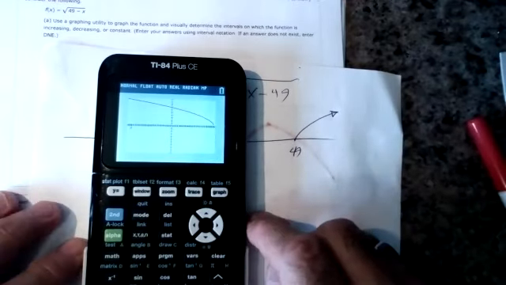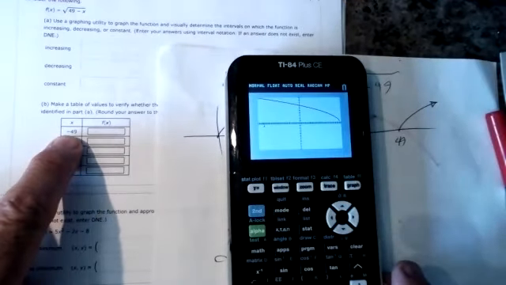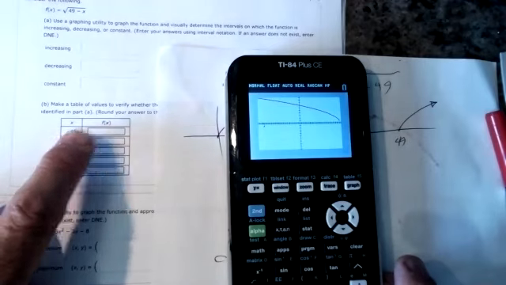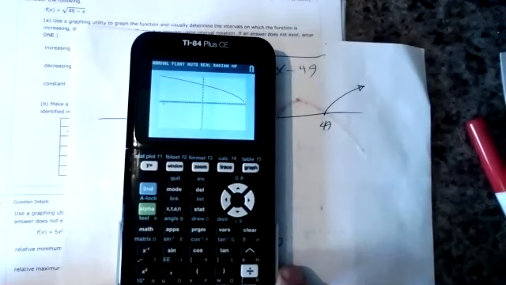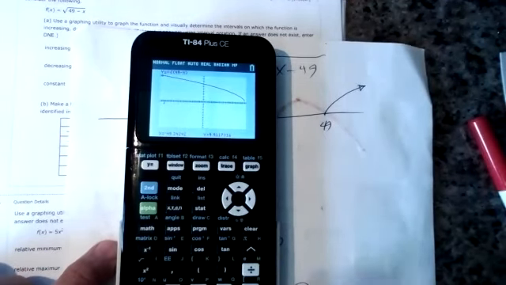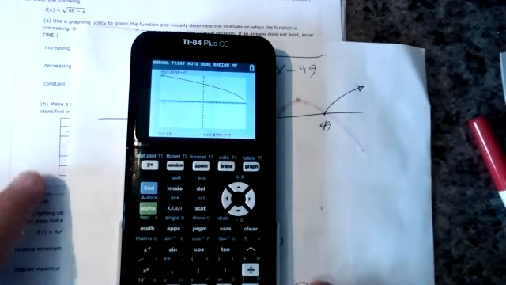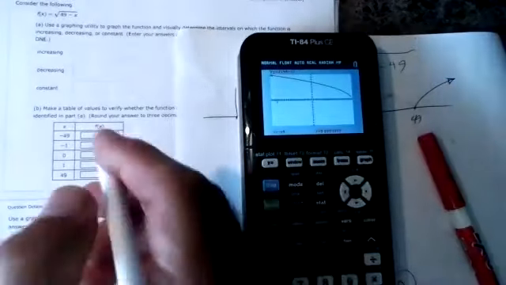Now on this one, I need to find minus 49. When x is minus 49, what's the f of x? So here, trace, and I put minus 49, I do it again for you, minus 49. When you enter, it gives you 9.89 for y value. So you put that number here.